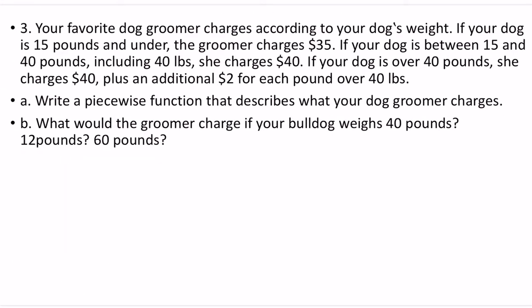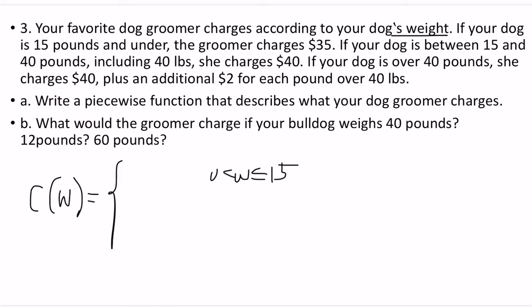Your favorite dog groomer charges according to your dog's weight. So it depends on the weight. If your dog is 15 pounds and under, say for example, C of W, where W is weight, so W is less than or equal to 15, the groomer charges you $35.